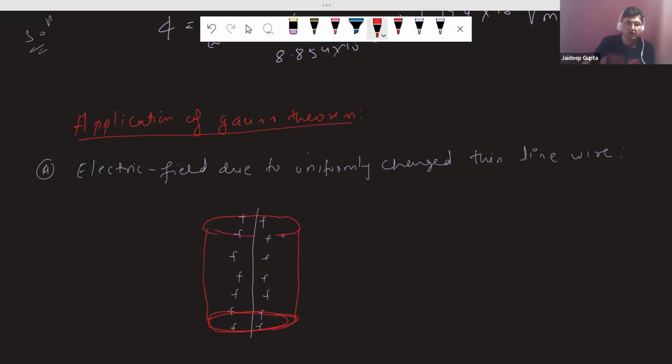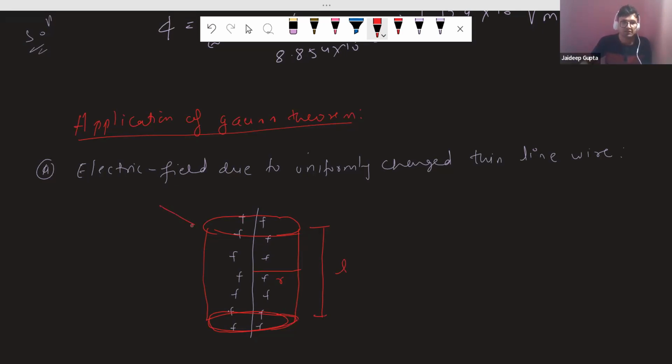So it is cylindrical, having length L, and now we have to calculate the electric field at a distance R. So it is a uniformly charged thin infinite wire, which is positively charged.